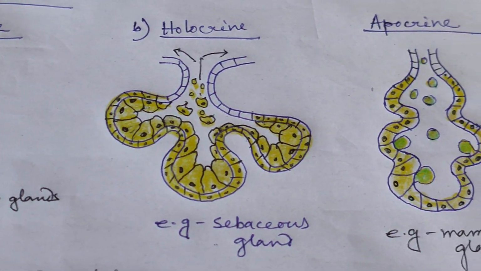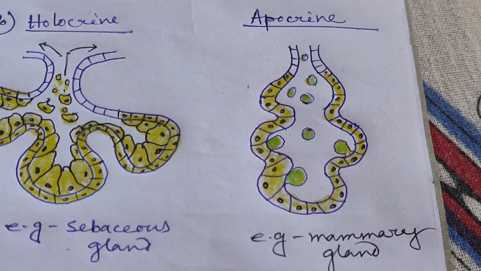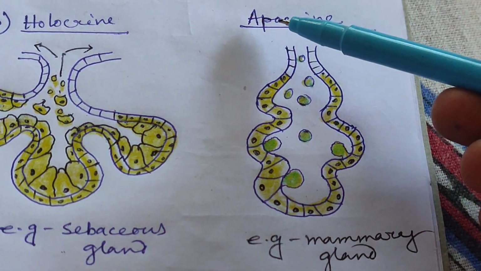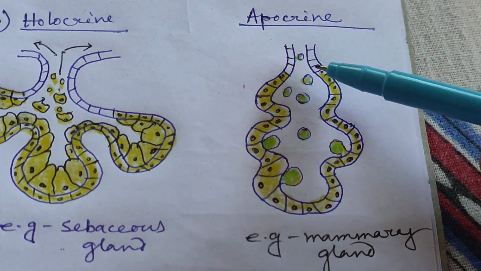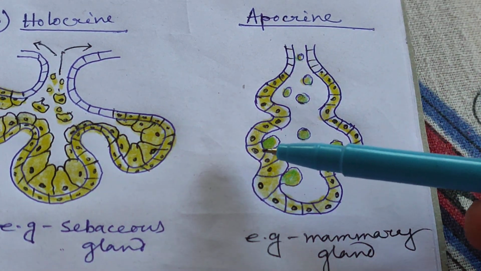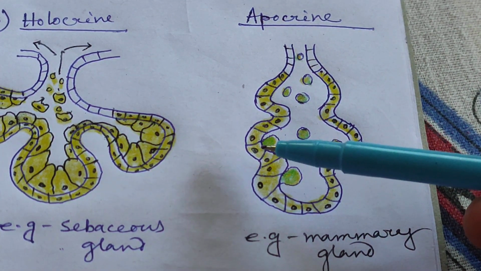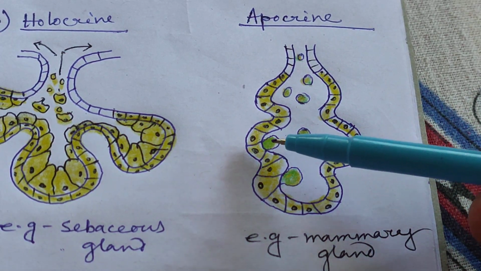And the last type of exocrine gland based upon secretion is apocrine gland. Apo, the name suggests the apical region. See here, this part is the ductal part and this yellow part is the secretory part. Here the secretory epithelial cells secrete their material from the apical cytoplasm.